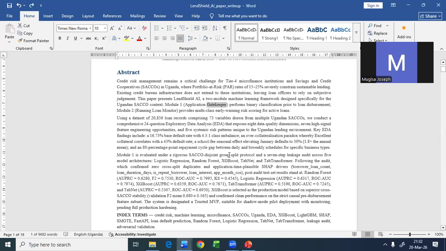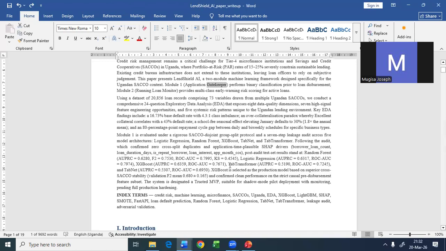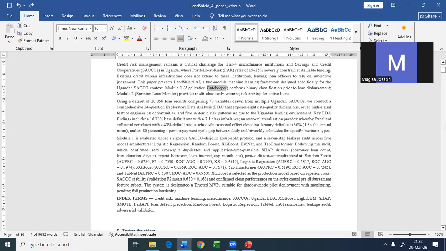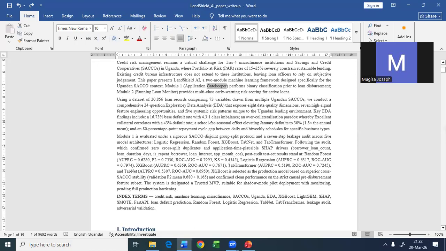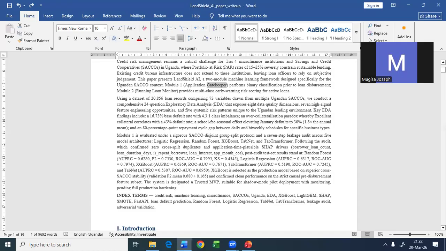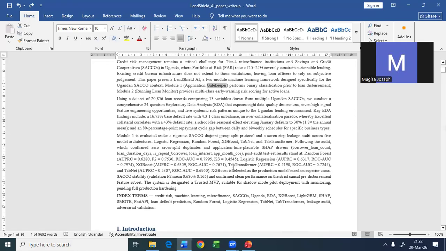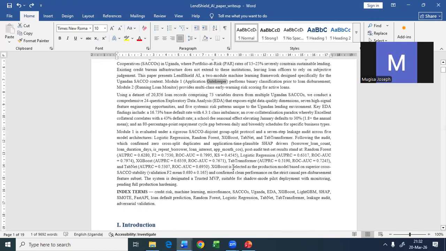Over 2,000 institutions do not receive those services, and they operate at a portfolio at risk of 15 to 25%. All those are the results of manual, non-data-driven decision making.